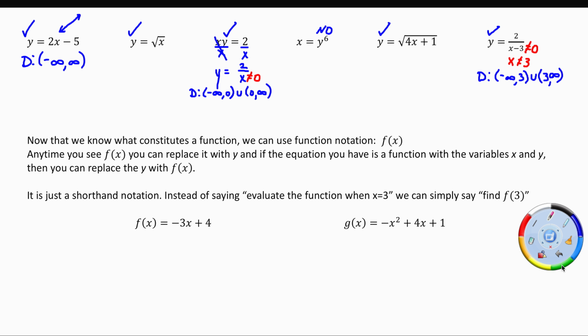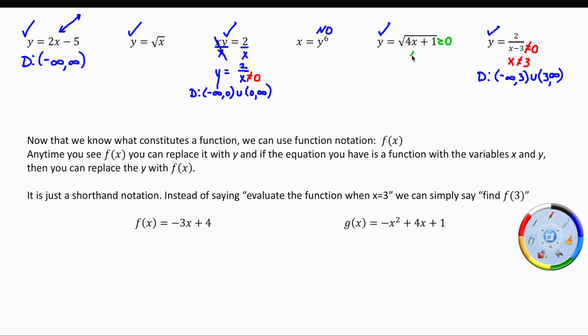For a radical, I'm thinking, well, I can't take the square root of a negative number, so I want whatever is underneath the square root to be not negative. Mathematically, that's saying greater than or equal to 0, right? Everything that's greater than or equal to 0 is not negative.